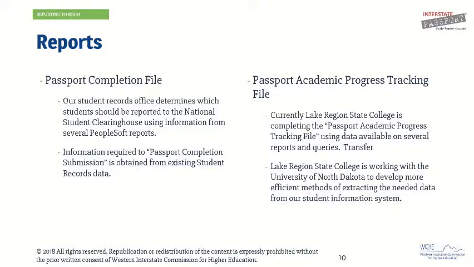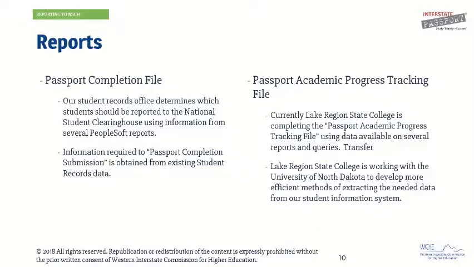Essentially, the data from this is gotten from several queries that we do run against our student information system. We also participate in the academic progress transfer file. Currently, what we're using is various reports and queries to come up with the data.